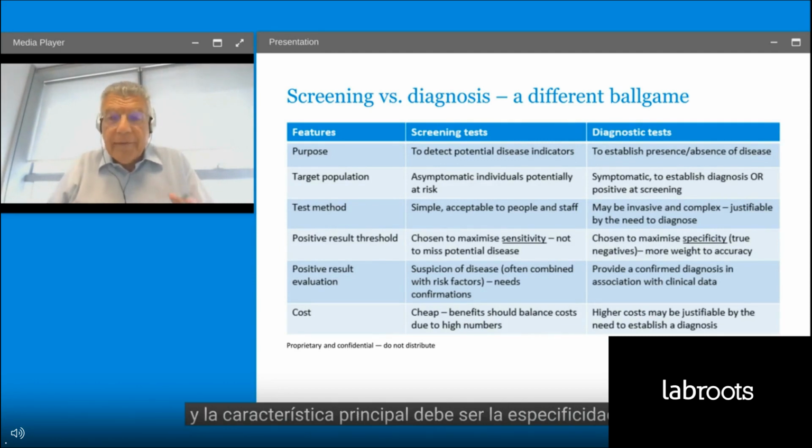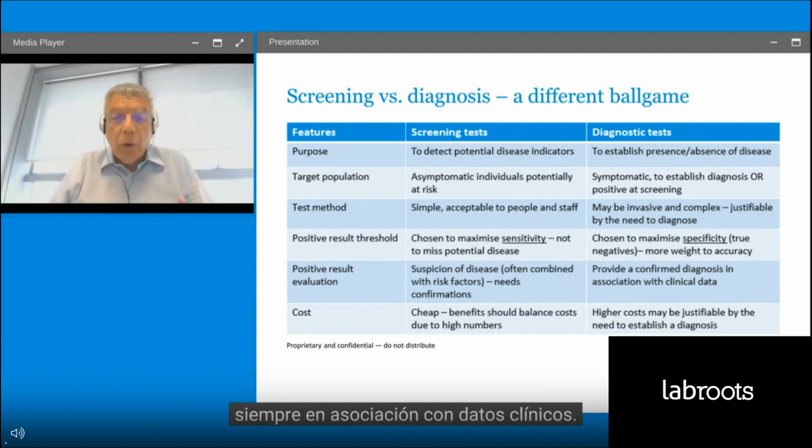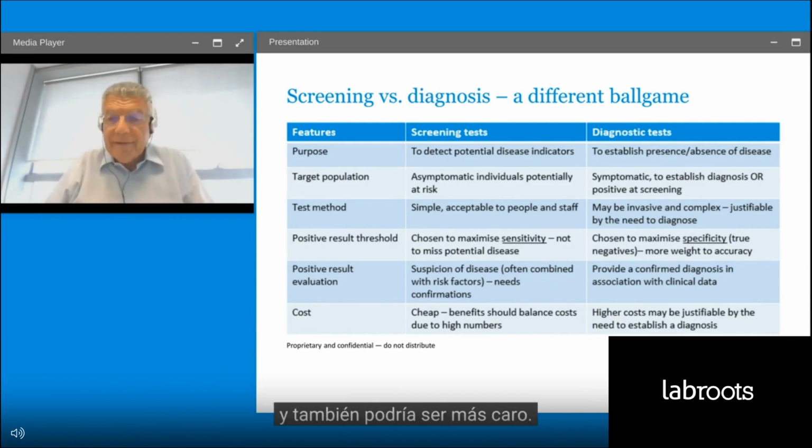The main characteristic should be specificity, so having true negatives, and there is a major weight on accuracy. The positive results should confirm a suspected diagnosis, always in association with clinical data, so no assay will provide the diagnosis by itself. It could also be more expensive, and this is again justifiable by the need to establish a diagnosis.